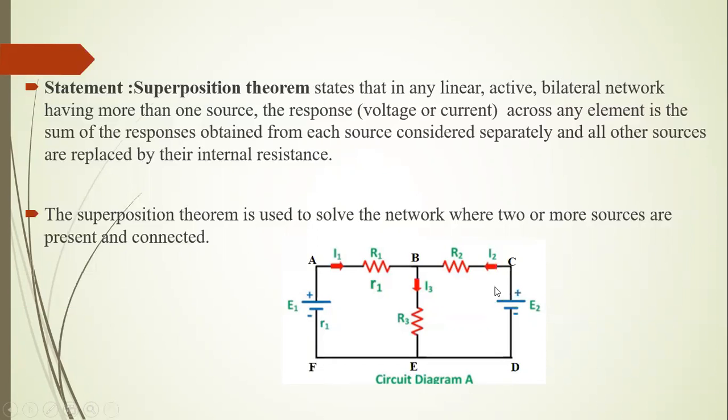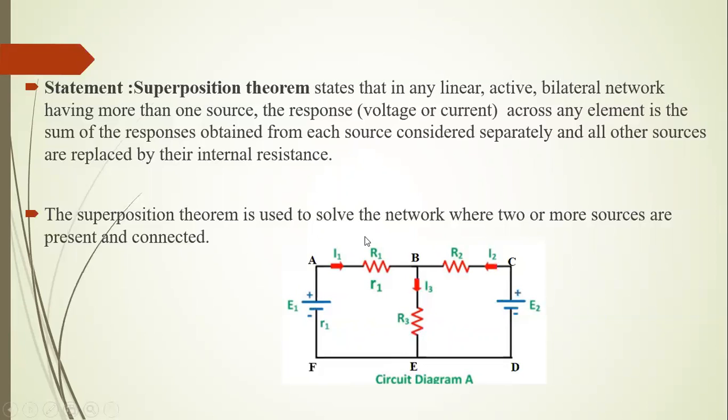In the second step, E2 will be activated, and E1 will be deactivated or replaced by its internal resistance, and again the three currents will be found. In the next step, the total current due to both the sources will be the summation of the currents obtained in step number 1 and step number 2.